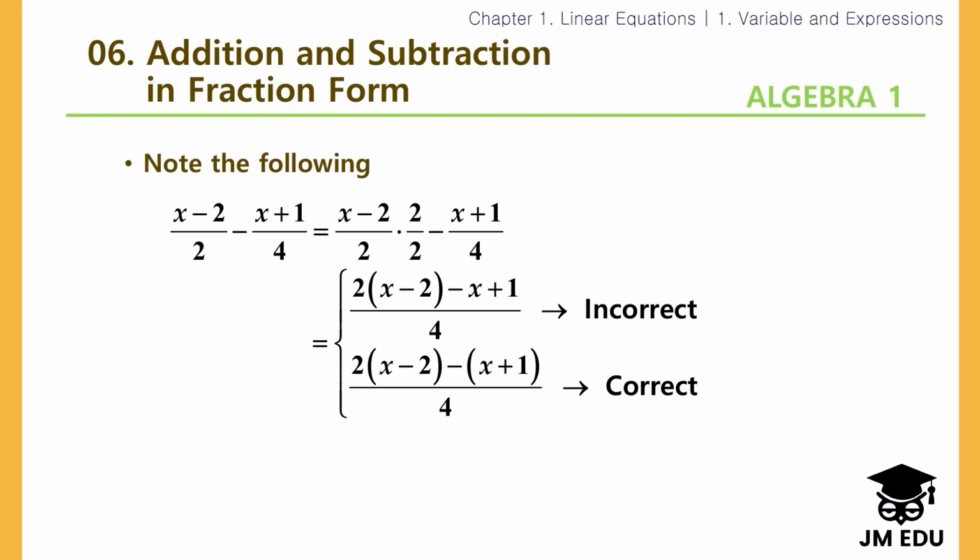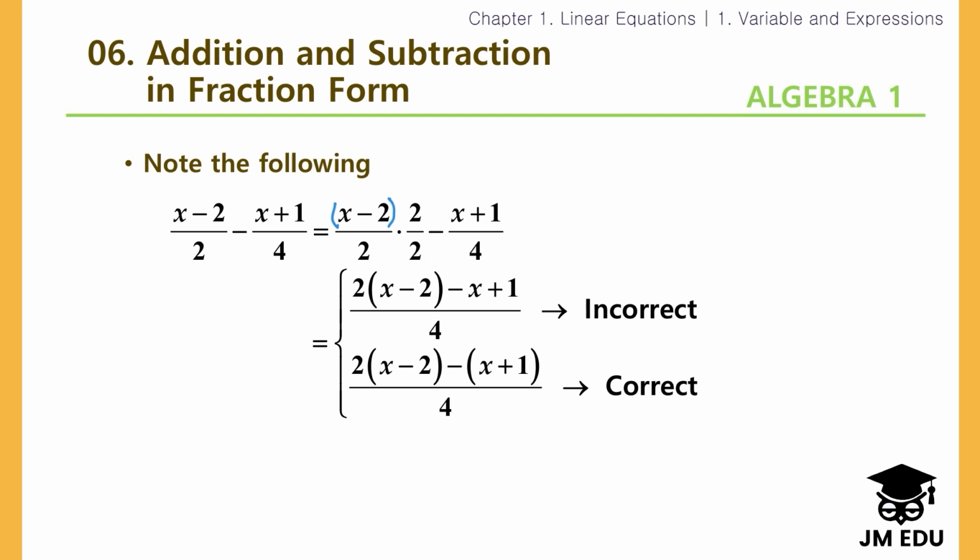And remember, when we multiply this expression by 2, we have to use our parentheses here, right? So let me use blue parentheses, right? So that's going to be 2 times x minus 2, right? And our common denominator is 4.